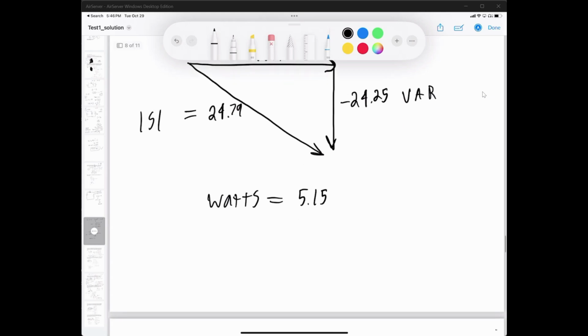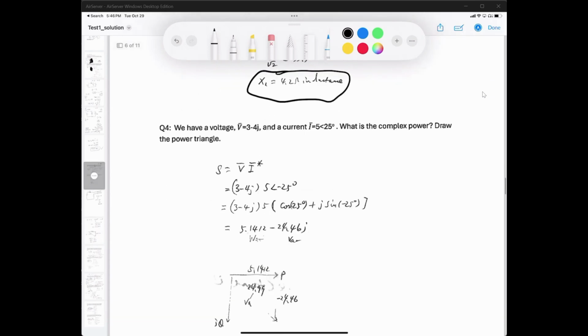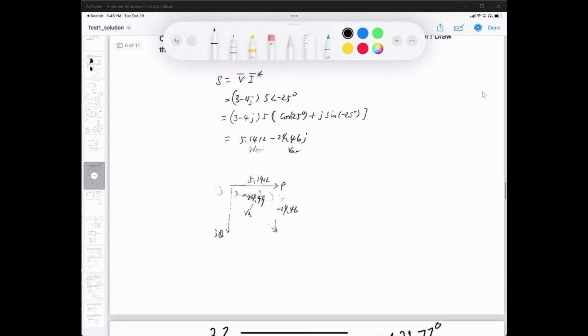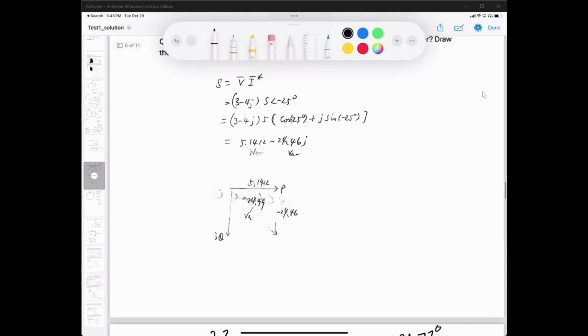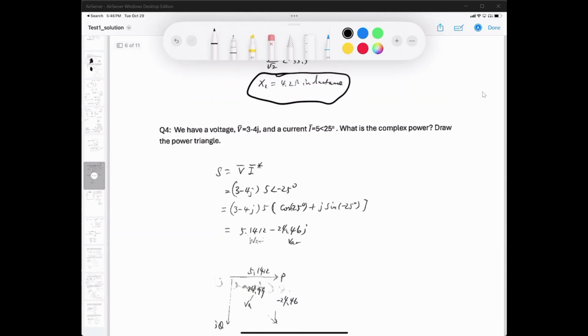And then we have the volt ampere reactive, which is the reactive power, is negative 24.25. And then we have VA, which is the apparent power, which is 24.79. Okay. That is the complex power for that question. All right.